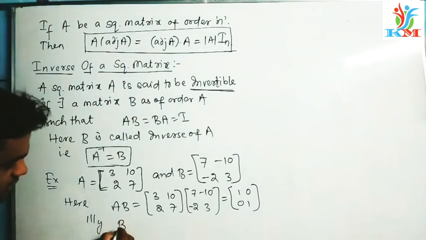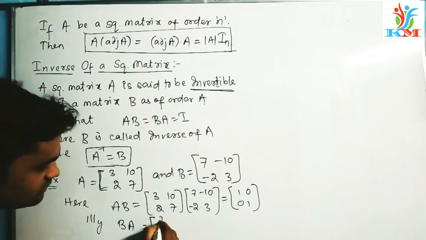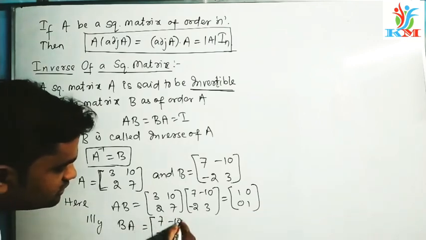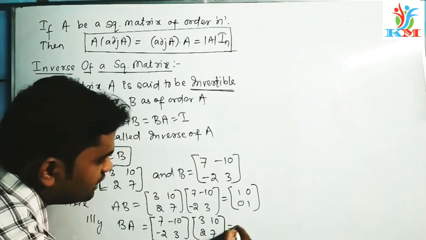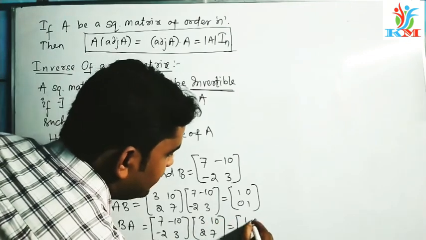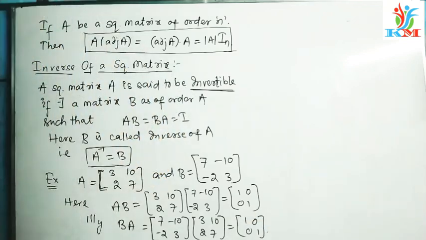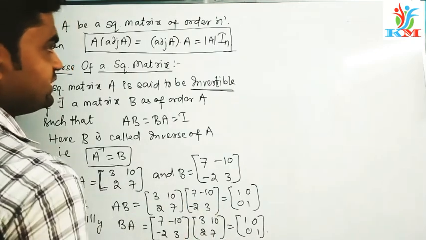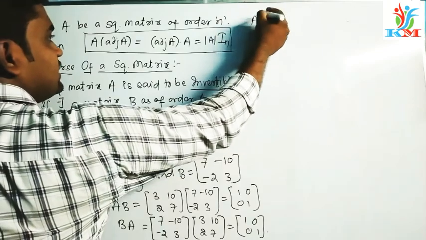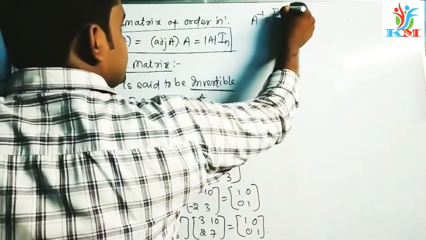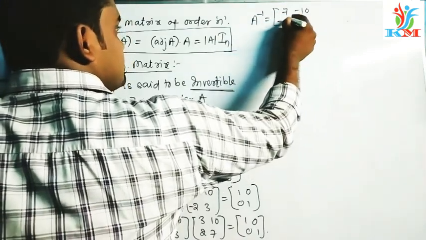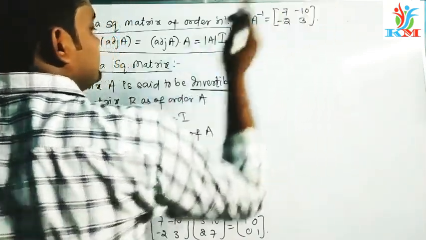Similarly BA, B with A, we also find as an identity matrix. So AB equals BA, both identity matrices, and A inverse is the matrix B, that means 7, minus 10, minus 2, 3.